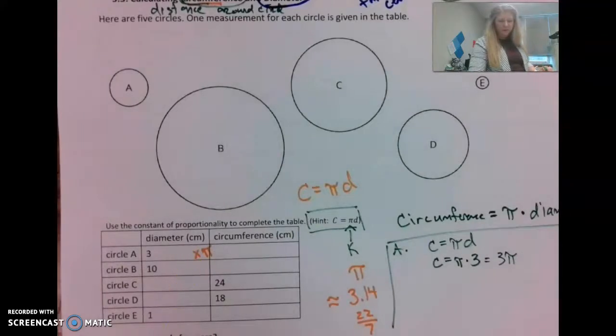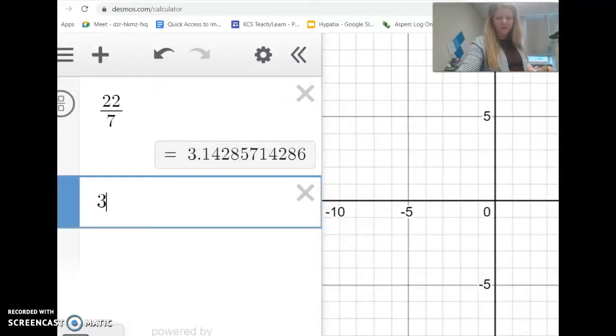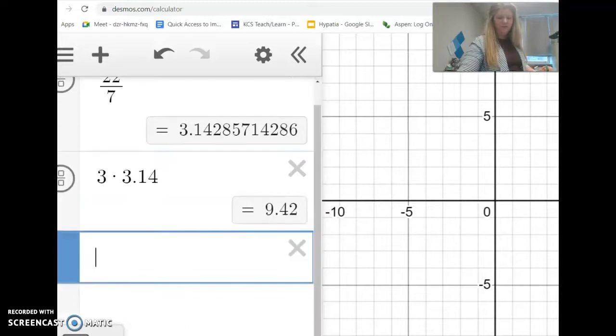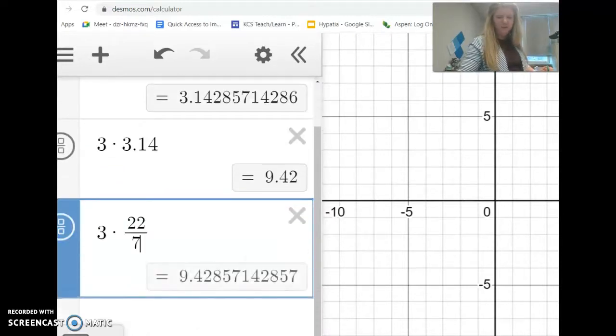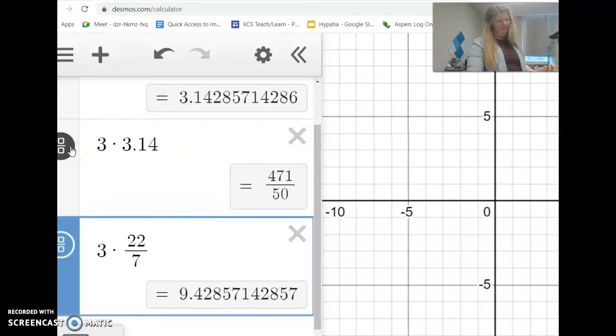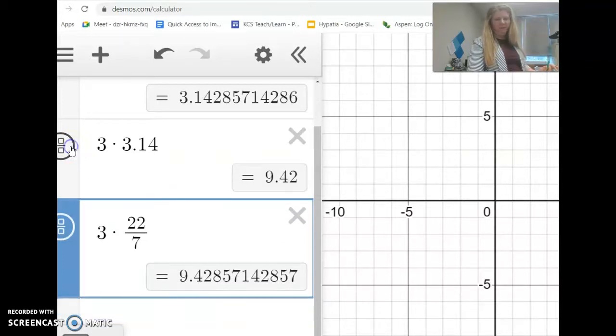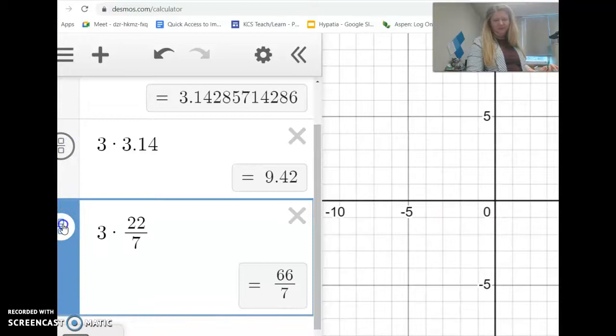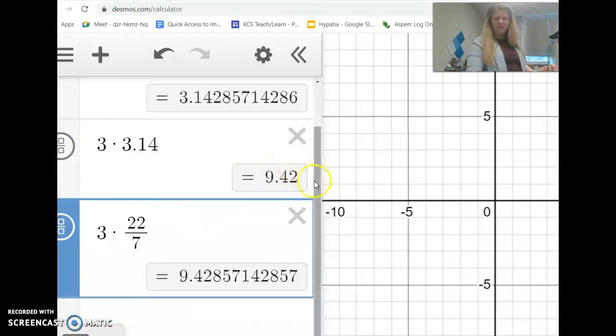And I'm just going to pull up Desmos, and let's see here. 3 times 3.14, so there's one option. 3 times 22 over 7, okay. And what if I wrote these as fractions? Maybe that's going to, not feeling that one. Maybe this one? No. I think I'm just going to go with this 9.42.